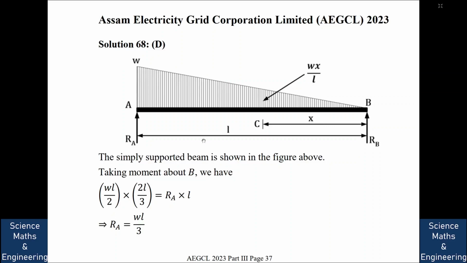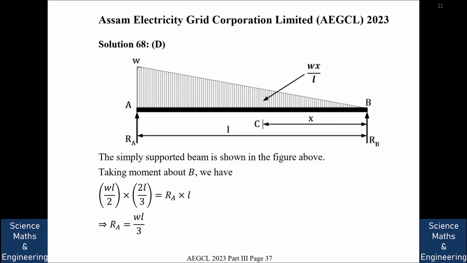And they are separated at the distance L. Okay. And since it is simply supported, so we have two reactions, RA and RB at the two ends. Okay. Now, if we try to find the moment at point B, this force will be acting at a point 2 by 3L from B. So 2 by 3L. Okay, that is the distance.